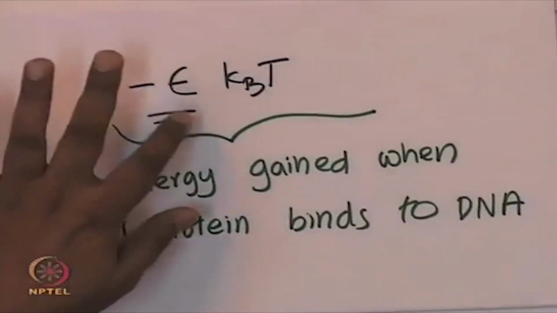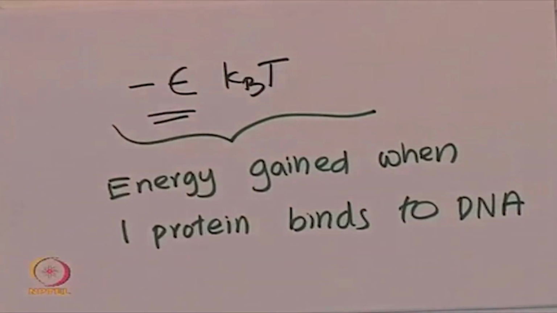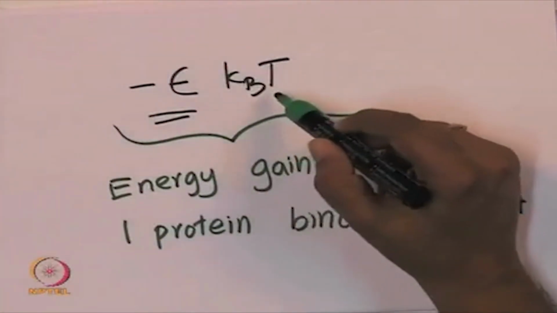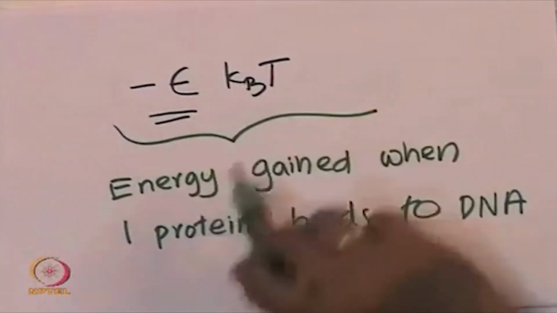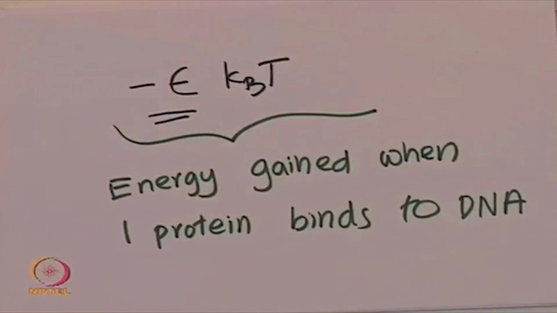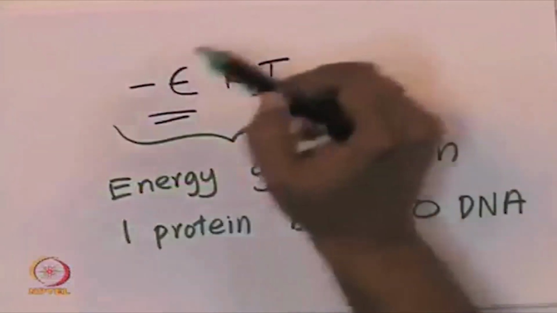Epsilon can be some number 1, 2, 3, 4 or 1.5, 3.5. kBT is a unit of energy. kBT is about 10 power minus 21 joule. So, a certain amount of joule of energy will be gained when a protein goes and binds. So, this is the energy gain.